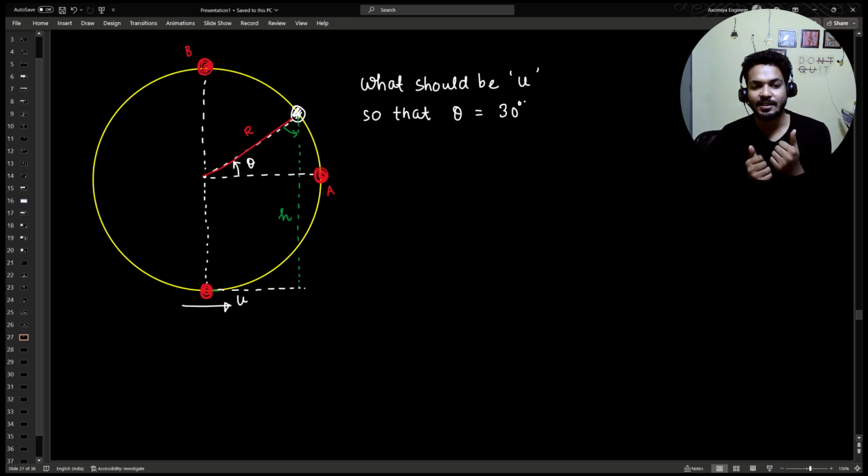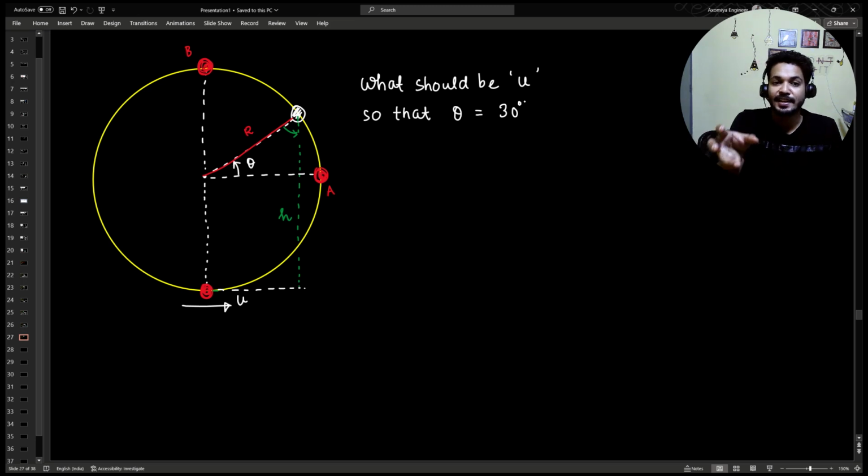What should be the value of the initial velocity with which I send the body, so that when it reaches an angle of 30 degrees beyond the horizontal point, the body stops being in circular motion? So what should be the value of u so that the body is able to maintain circular motion up to 30 degrees from the horizontal? I hope that question makes sense.